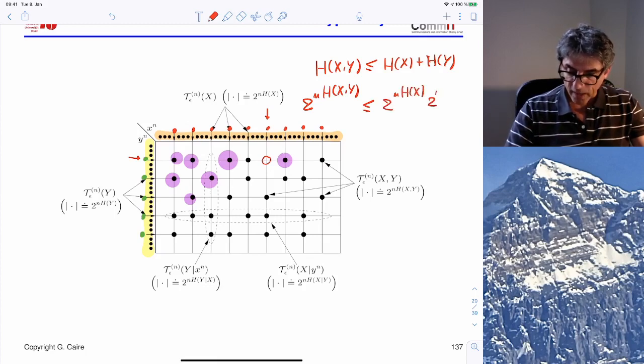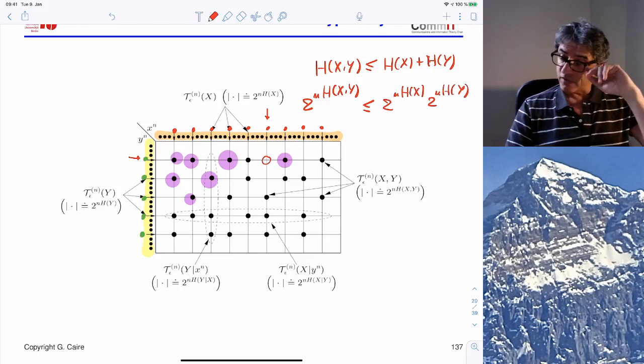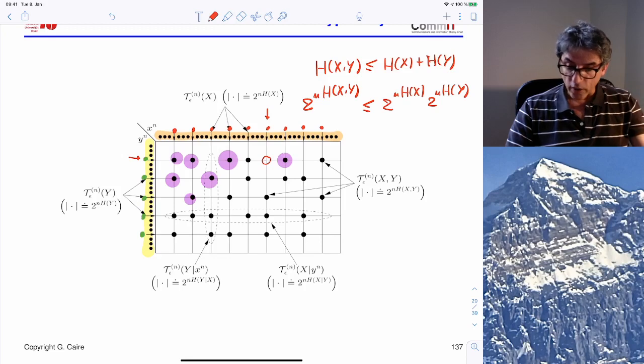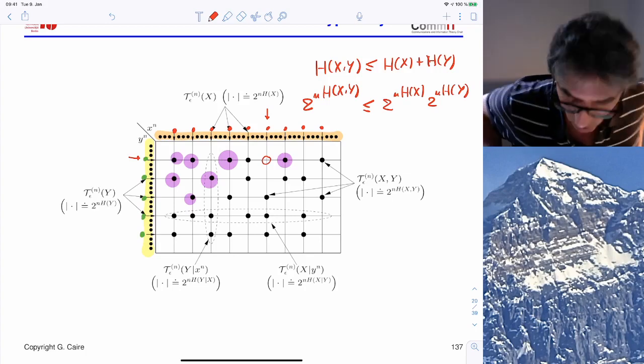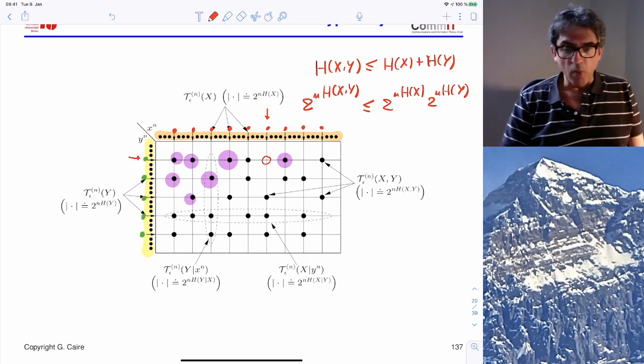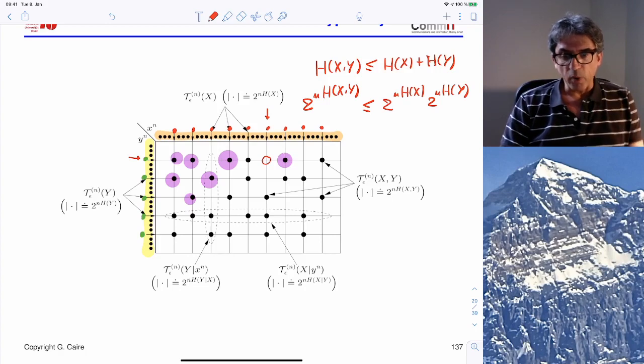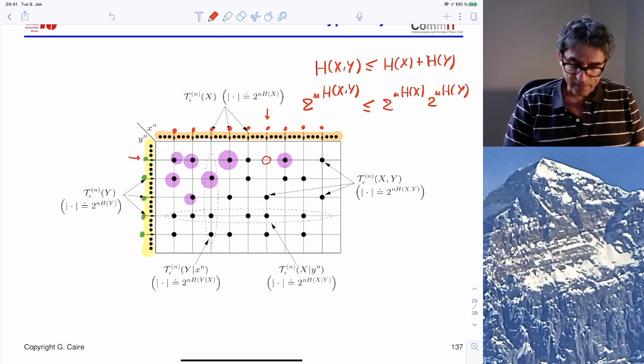So if all individually typical pairs were also jointly typical, it would mean that the joint entropy is equal to the sum of the entropies. It means that x and y are independent. But generally, x and y are not independent. For a general joint distribution, they are statistically dependent, and therefore the jointly typical set is smaller than the Cartesian product of the individually typical sets.